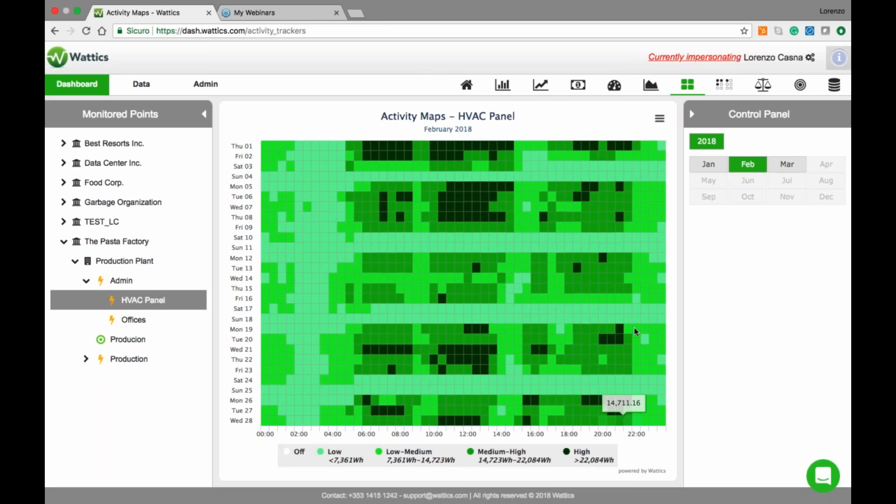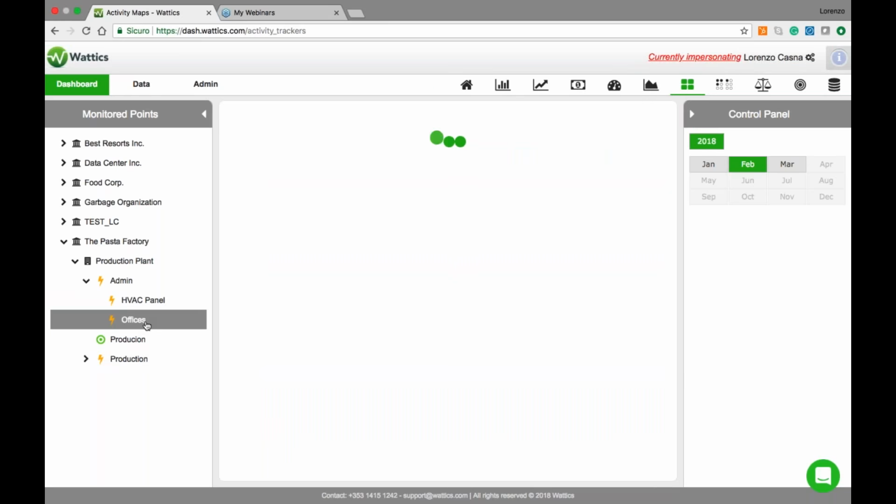With the same logic, it gets switched off, in this case a little later than expected, because people leave the office at 9 p.m. But there are always those guys who stay longer because they have some work to do. So I would say this is a consumption that is in line with what we expected.